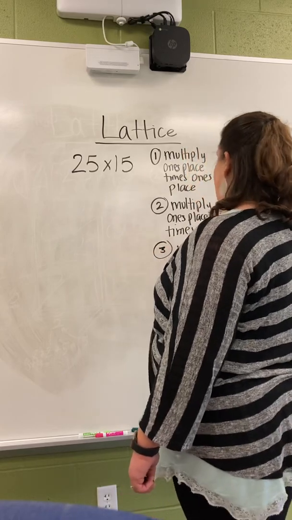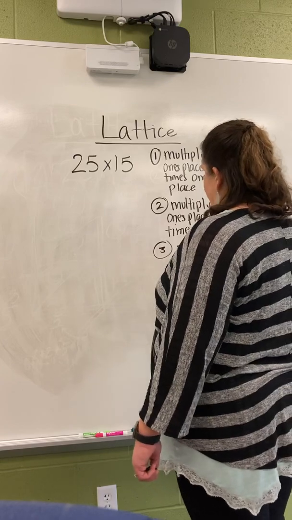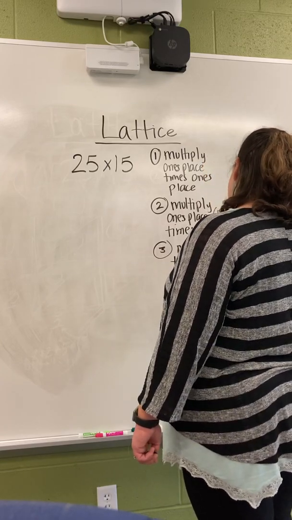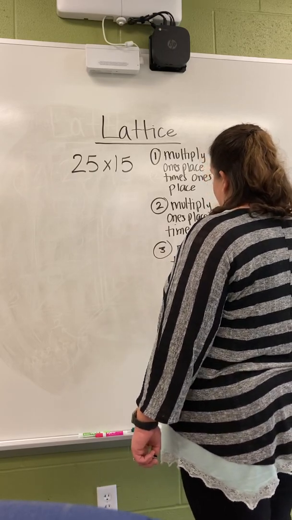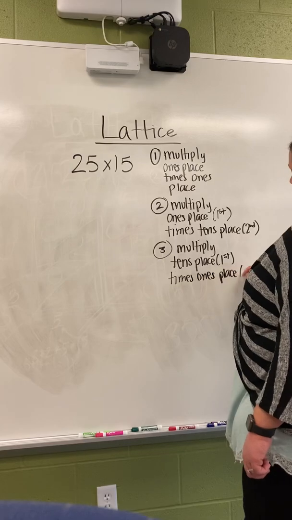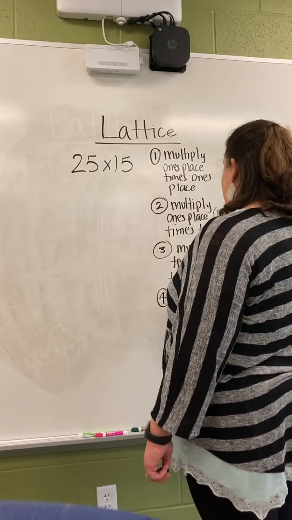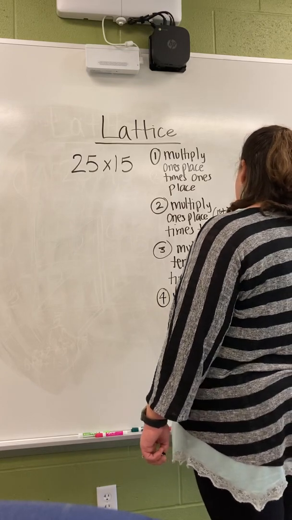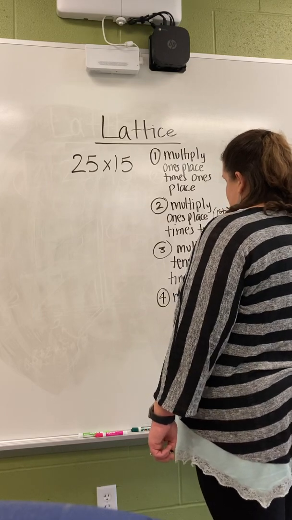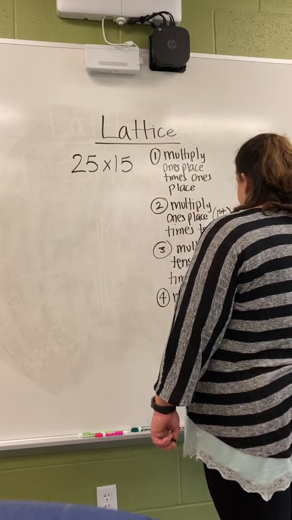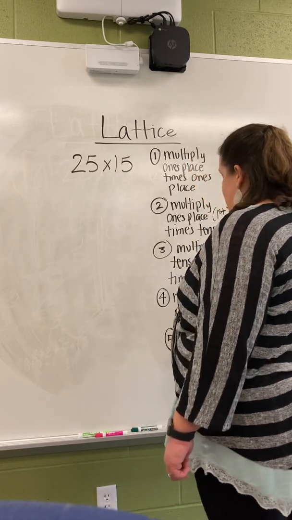Then you're going to multiply the tens place of the first number times the ones place of the second number. And then finally, you're going to multiply the tens place times the tens place. And then the last step is going to be to add your diagonals.